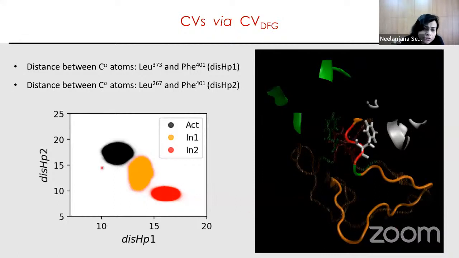Again, if you project CVDFG, the central motif, against the distance of leucine 373 from hydrophobic pocket 1 and leucine 267 from hydrophobic pocket 2, we find that this clearly demarcates the active, inactive 1 and inactive 2 states.